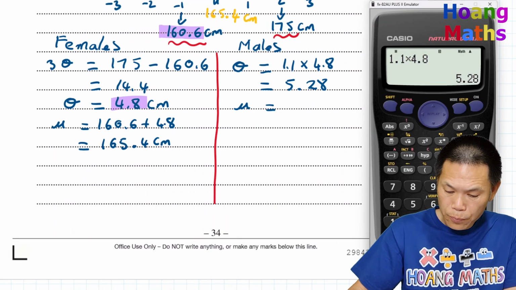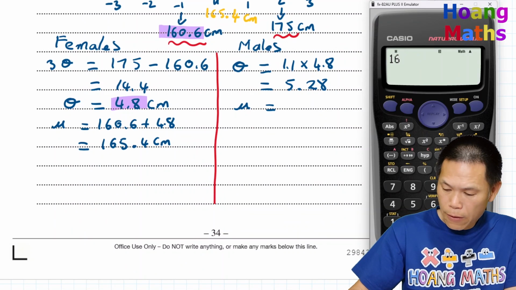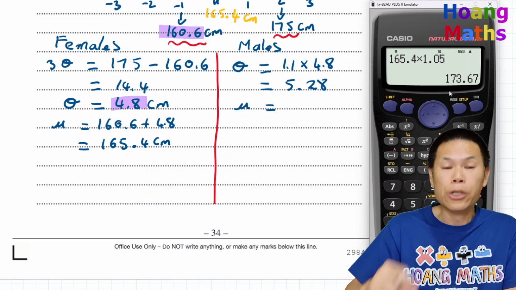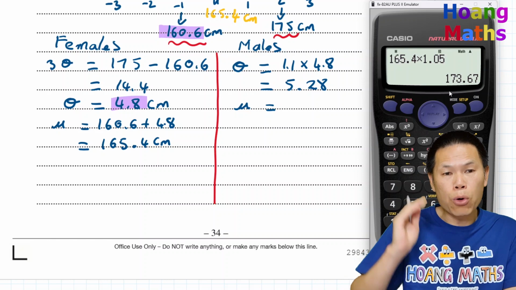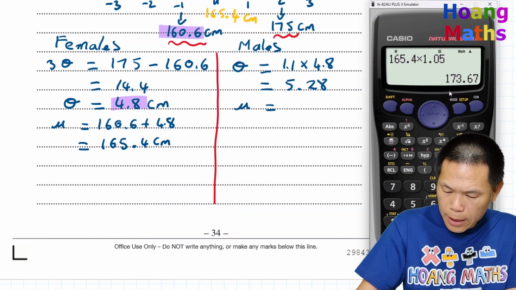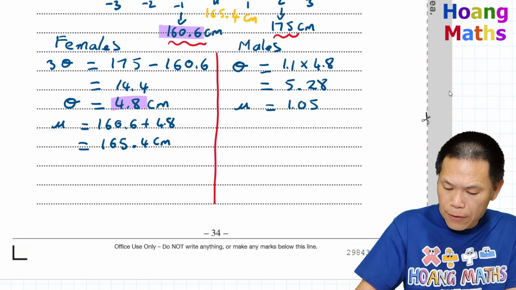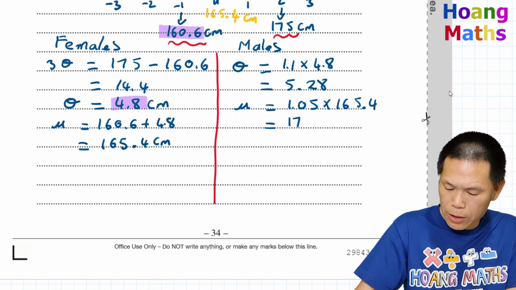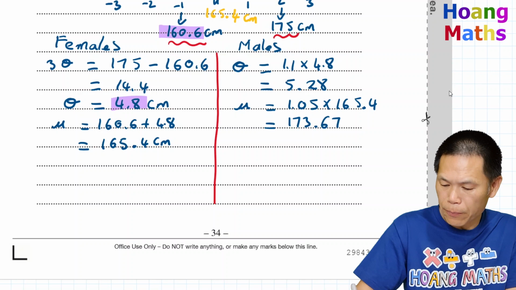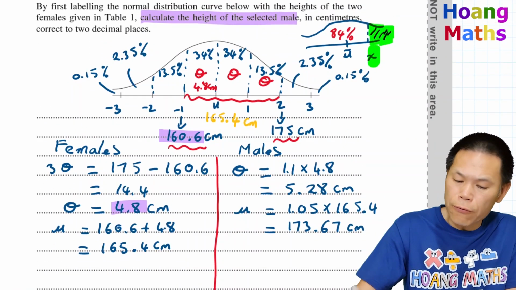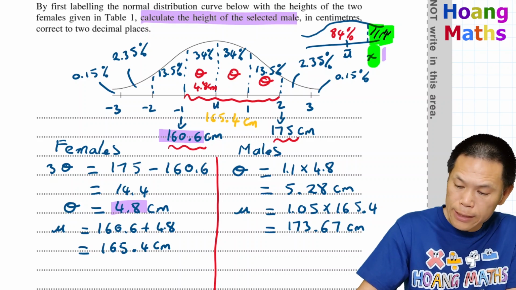So just go 165.4 times 1.05. So let me just write this down. So that is 1.05 times 165.4. So that gives me 173.67 centimeters.